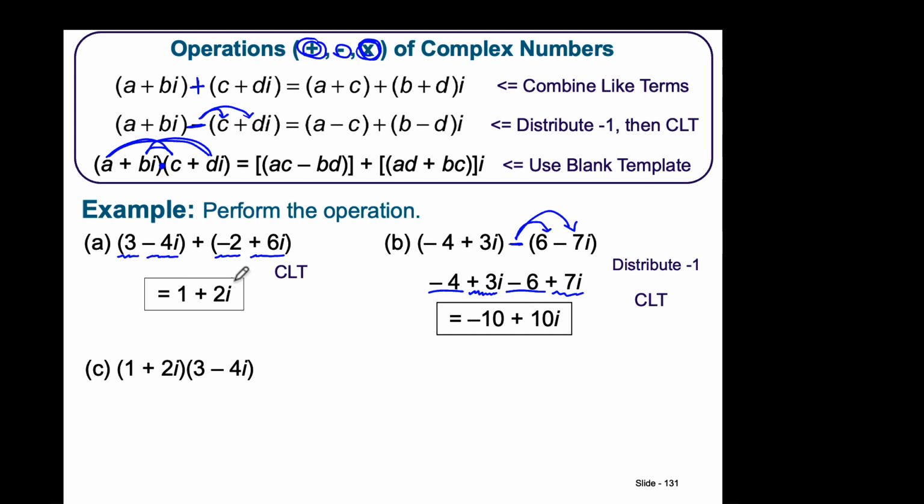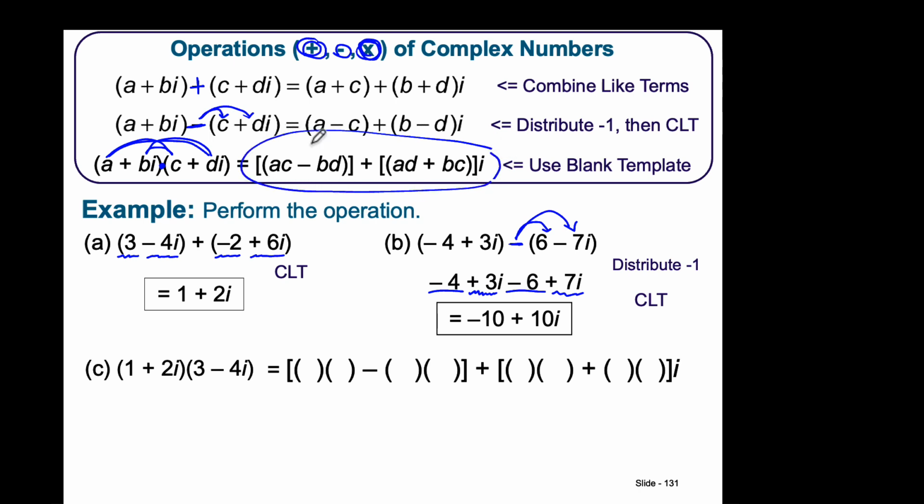Let's try a multiplication of two complex numbers. So I'm going to suggest that you set up a blank template. It looks like a lot right here. It came directly from this. Anywhere that I saw an a, a c, a b, or a d, I turned it into a blank like that here.